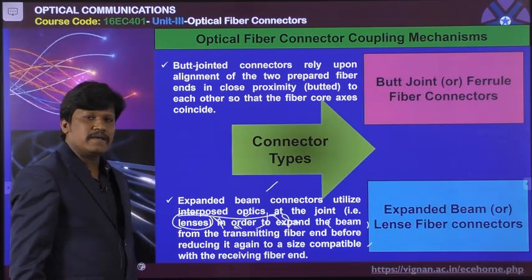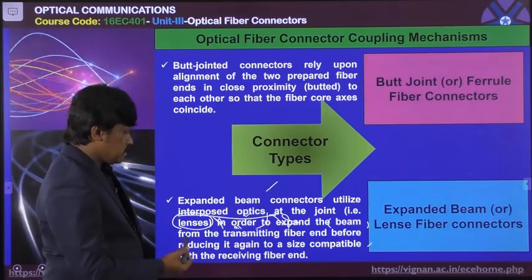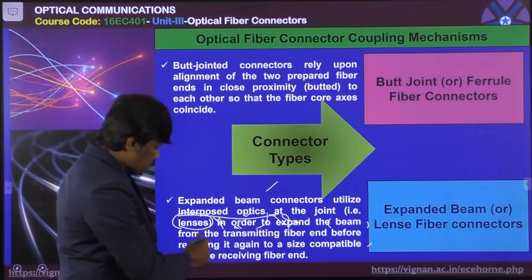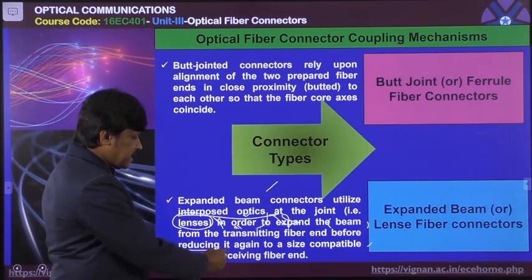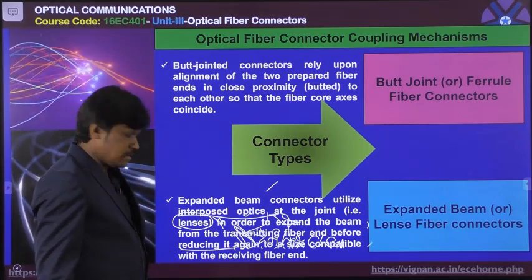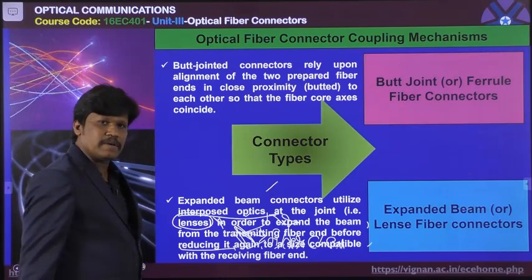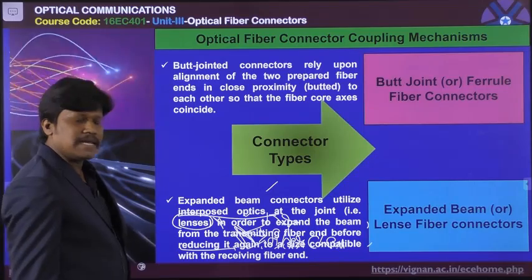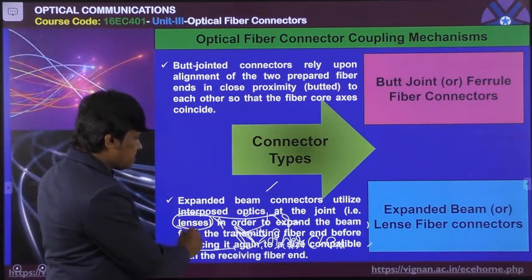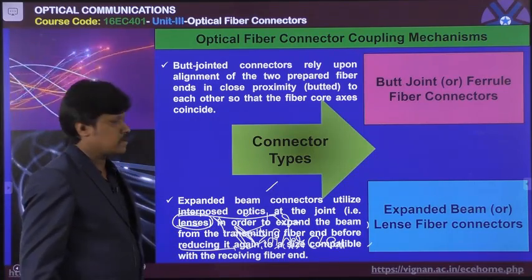Those are collimating and focusing lenses, in order to expand the beam from the transmitting fiber end, before reducing it again to a size compatible with the receiving fiber end.